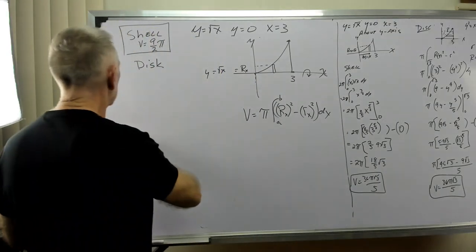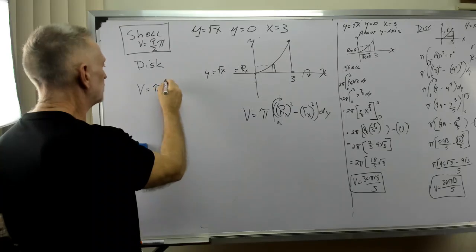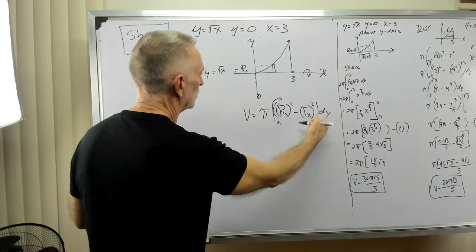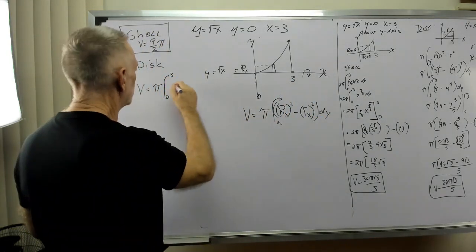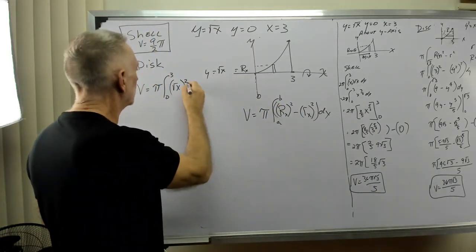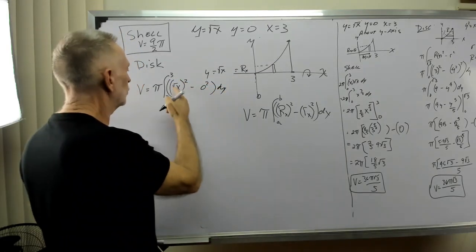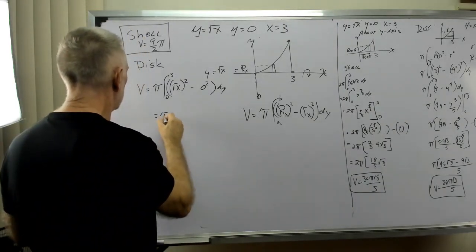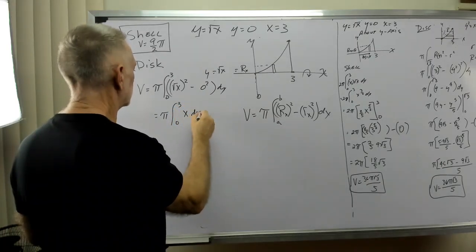So, in looking at that calculation, it's volume equals pi, from A to B, so 0 to 3, we're differentiating with respect to x, 0 to 3, of r of x, which was square root of x squared minus 0 squared, dx. So the square root of x squared is x. So now I'm integrating 0 to 3 of x dx.